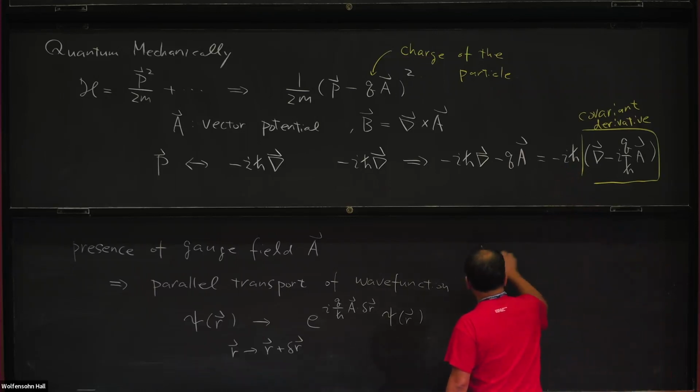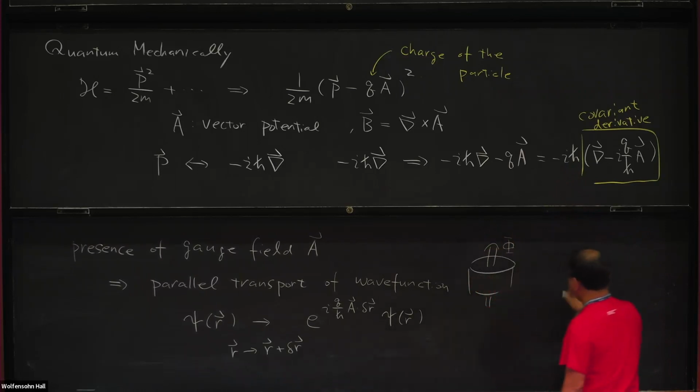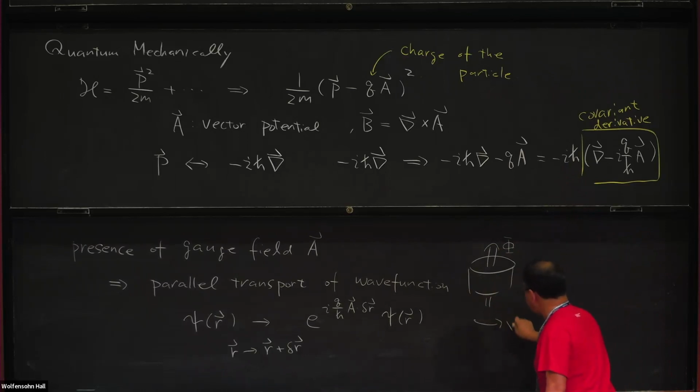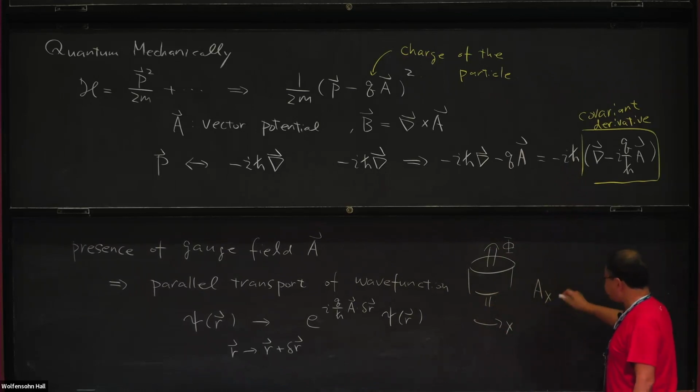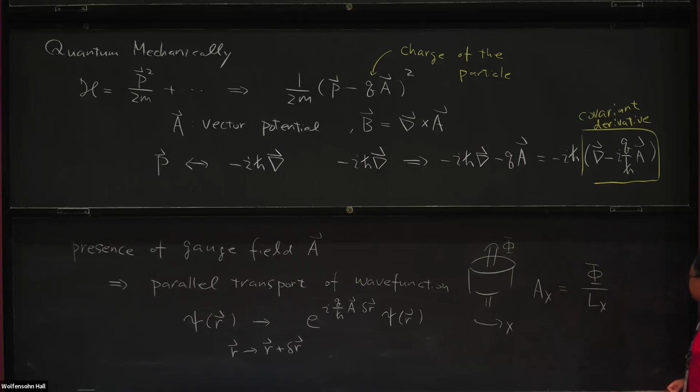To represent this flux as I introduced, because I chose this direction as x, we need to introduce an x component of the vector potential, which is A_x = phi over Lx.